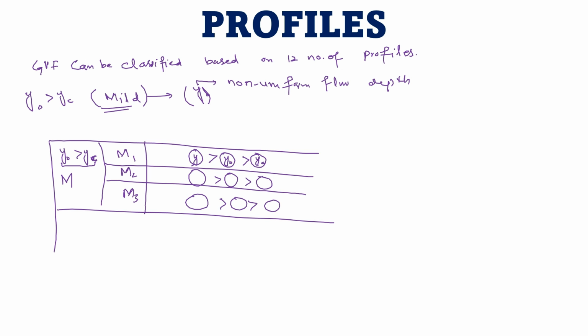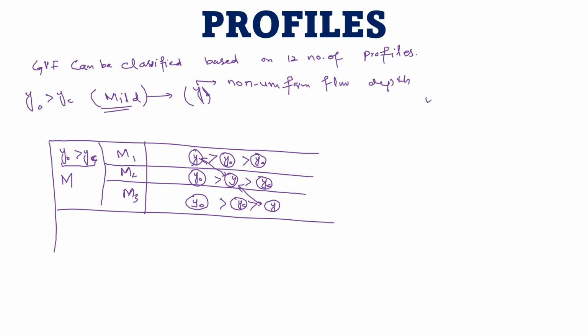This condition is a must because for an M profile, we have Y naught always greater than YC. But for M1, Y will be greater than Y naught and YC. In the next case, Y will be less than Y naught. Y naught is greater than Y, but both of them are greater than YC. In the third condition, Y naught is greater than YC and YC is again greater than Y. It means that we have to place Y in diagonal places, and we will shift YC from the third place to the second place at the last for the M3 profile.